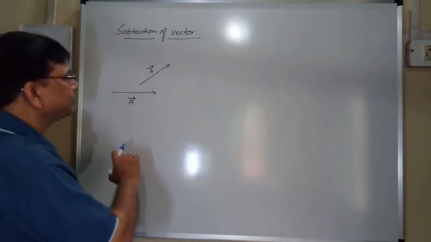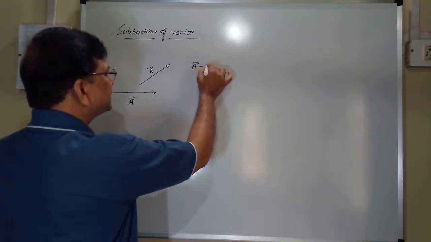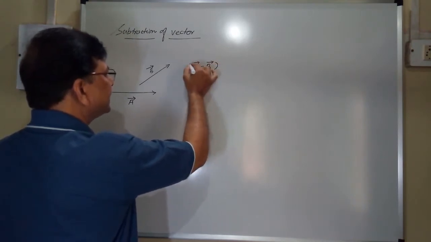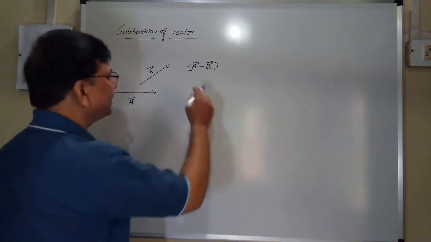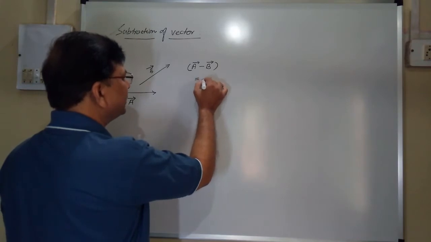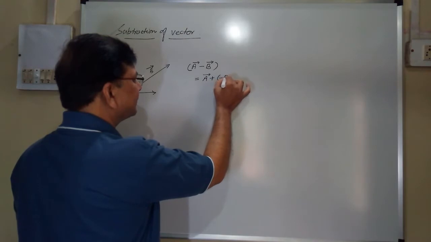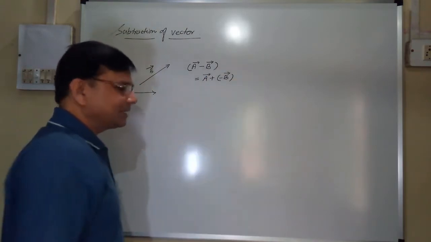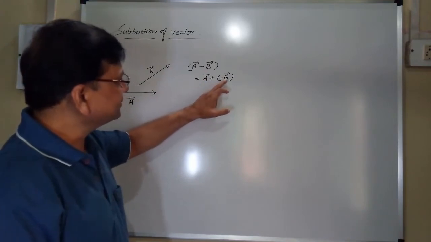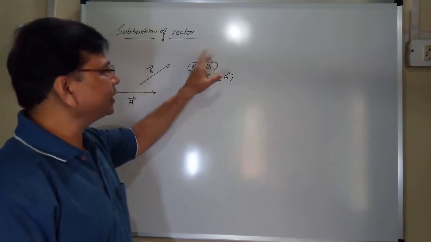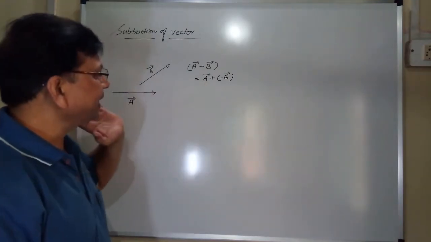Means suppose we have to find A minus B. This we have to find, and this is equal to A plus minus B. As far as vectors are concerned, A vector plus minus B vector will be equal to A minus B vector, where B is to be subtracted from A.